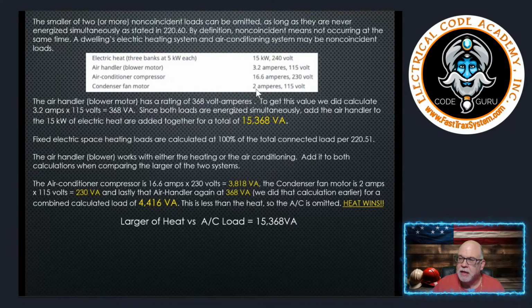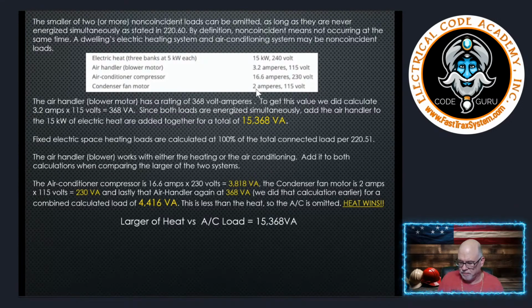Okay. Now, while I'm here, we're still doing the neutral, right? You with me? When it comes to the neutral loads in AC, there is no competition between AC and heat when it comes to the neutral. Because if the AC is running, you're going to be using neutral loads, whether it's the condensing fan or the air handler. When the heat's running, yeah, the heating's using 230 or 240. It's not using a neutral, but the air handler will be. So my neutral contribution has to include the air handler and the condenser fan. So while we're doing this neutral contribution, I might as well write it down while I'm here.